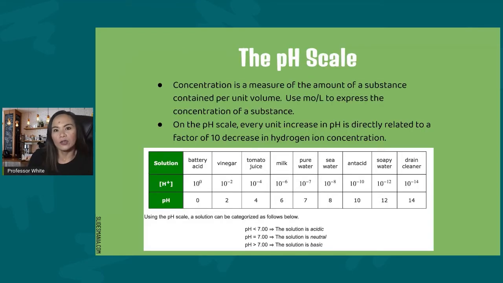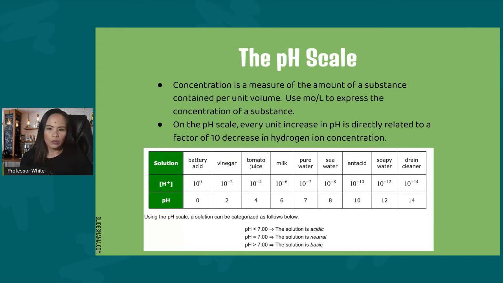Now let's go to the pH scale. Concentration is a measure of the amount of substance contained per unit volume. One commonly used unit for the amount of a substance is the mole. When used along with a metric unit of volume, you can express the concentration as moles per liter.